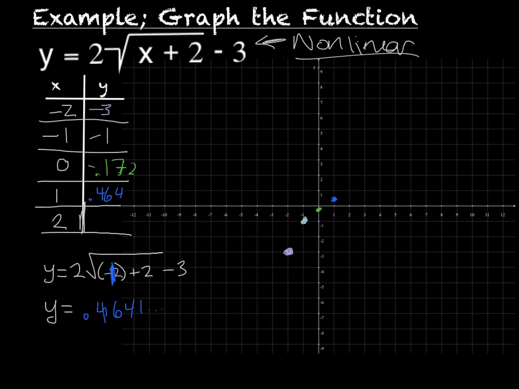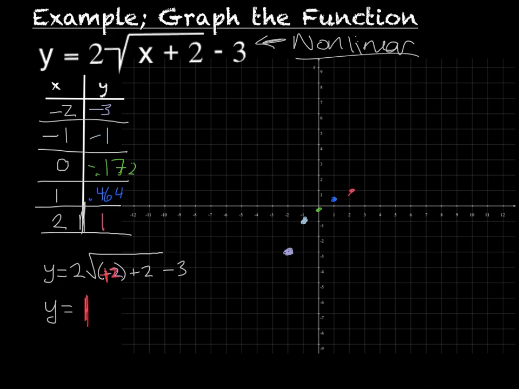And finally, if we put in the last number that we have, put in 2, a positive 2, and we put that into the calculator, then we get 1. So I would graph 2, 1.